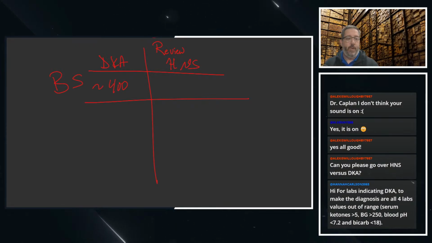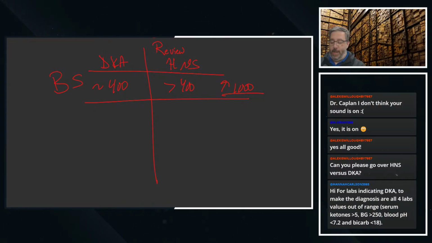You're not going to have very, very high glucose levels with DKA. With HHS, it's going to be very high, over 400 for sure. It can even get up to 1,000 in some patients. Very, very high sugars in the blood.